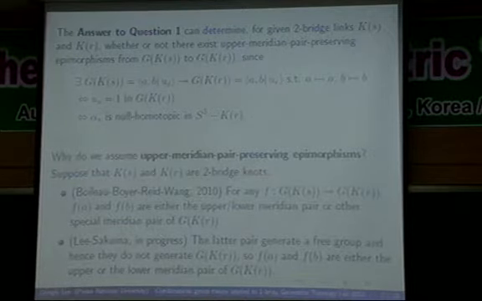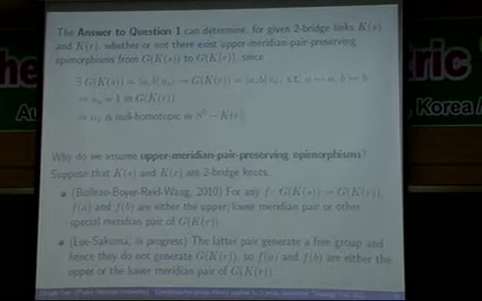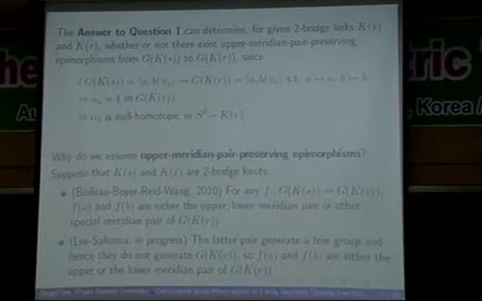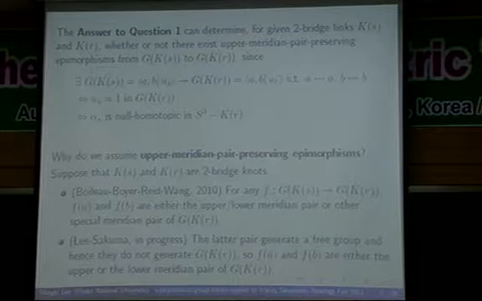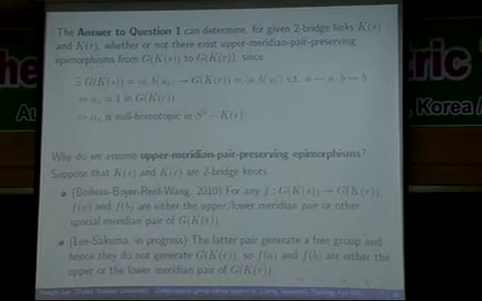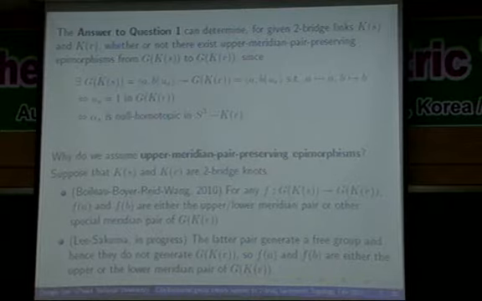And here, why do we assume upper meridian pair preserving epimorphisms? Of course, we assume this to make the problem simpler. But even if you assume upper meridian pair preserving epimorphisms, we can have a complete characterization when both two-bridge links are hyperbolic. Here's the reason.